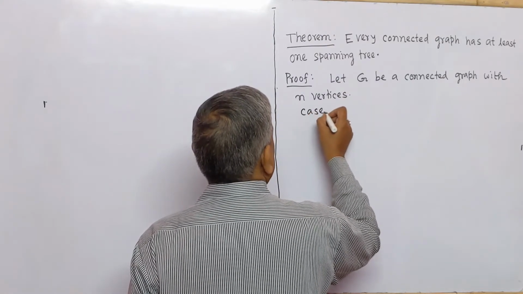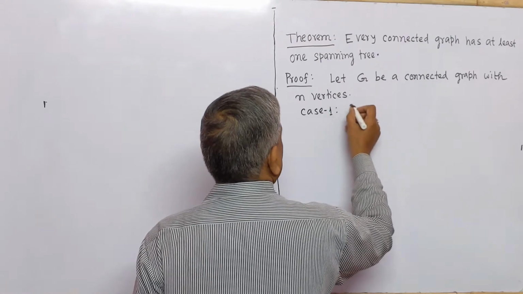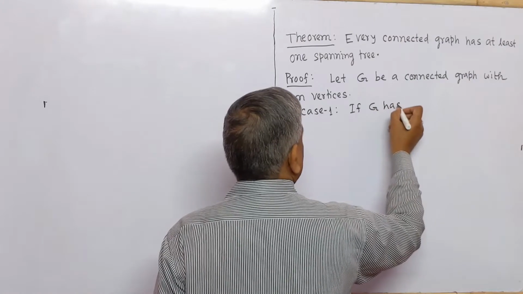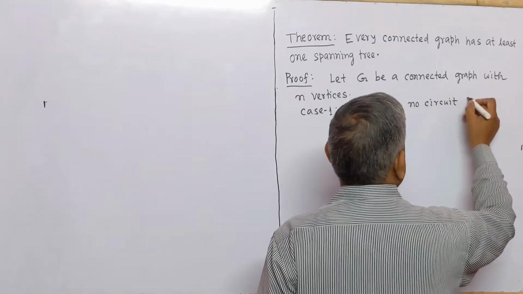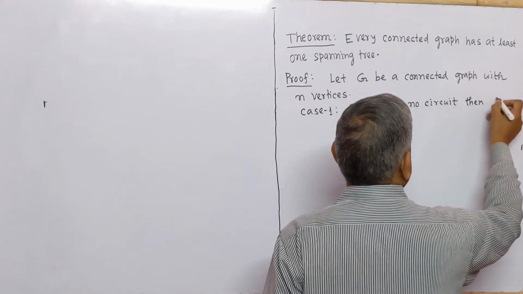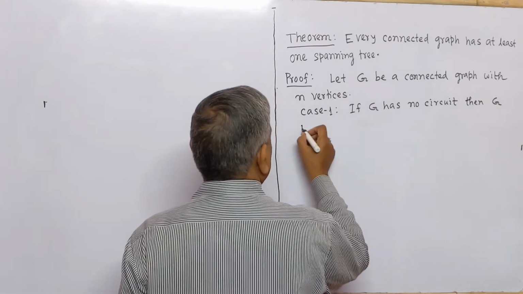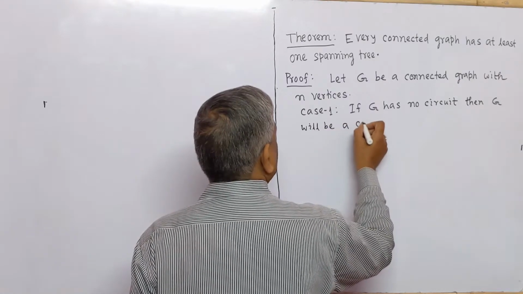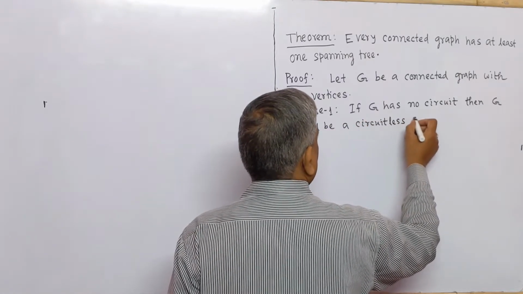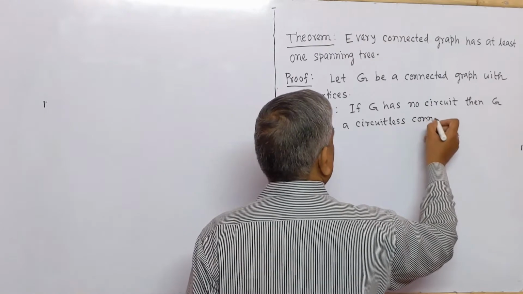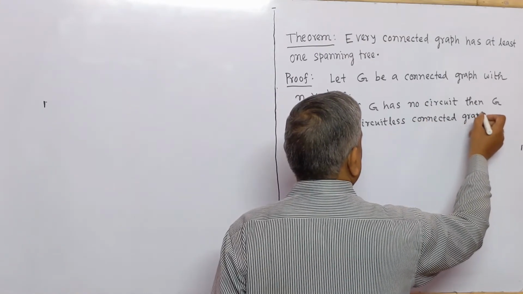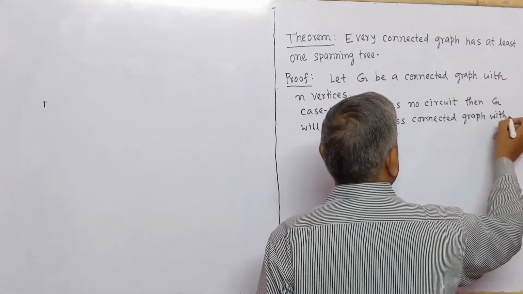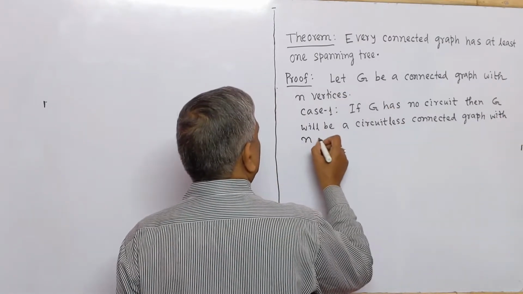Case 1. If G has no circuit, then G will be a circuitless connected graph with n number of vertices.